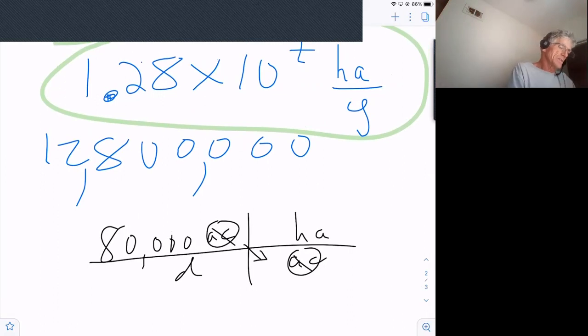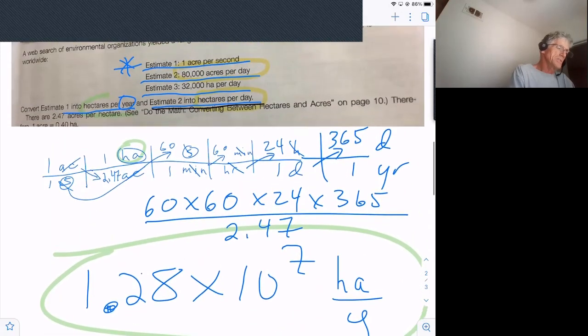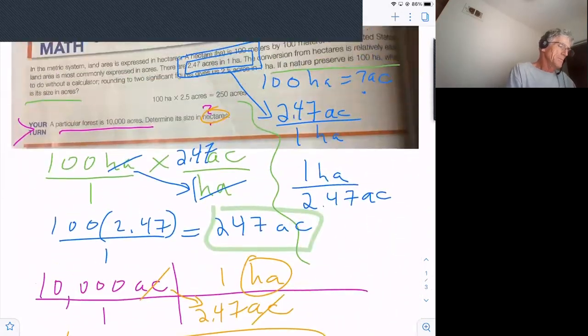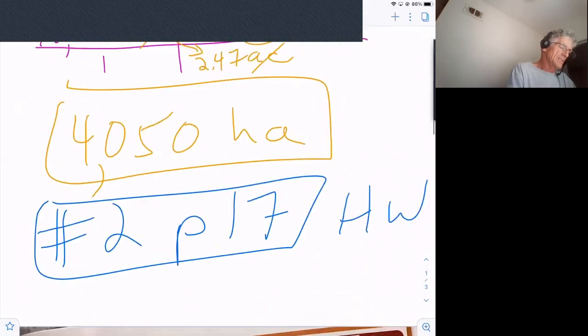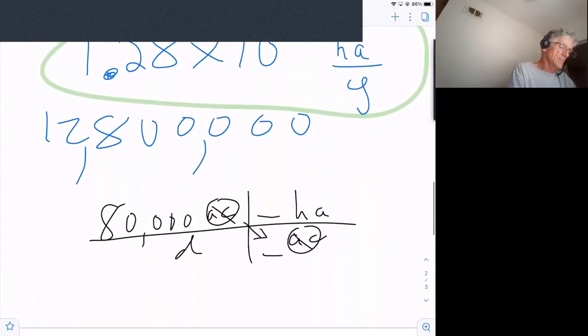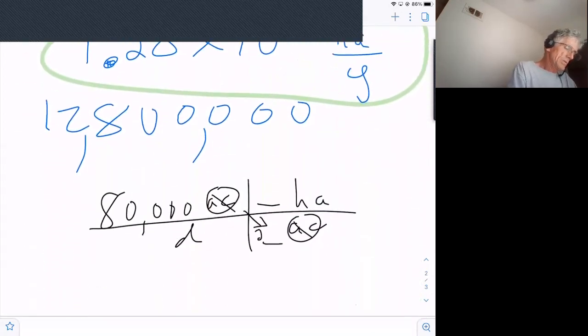So what numbers do I put right here? Well, you didn't memorize it. Maybe you did. But way up here, here are my conversion factors. So 2.47 acres is a hectare. So 2.47 goes here. And 1 goes there.